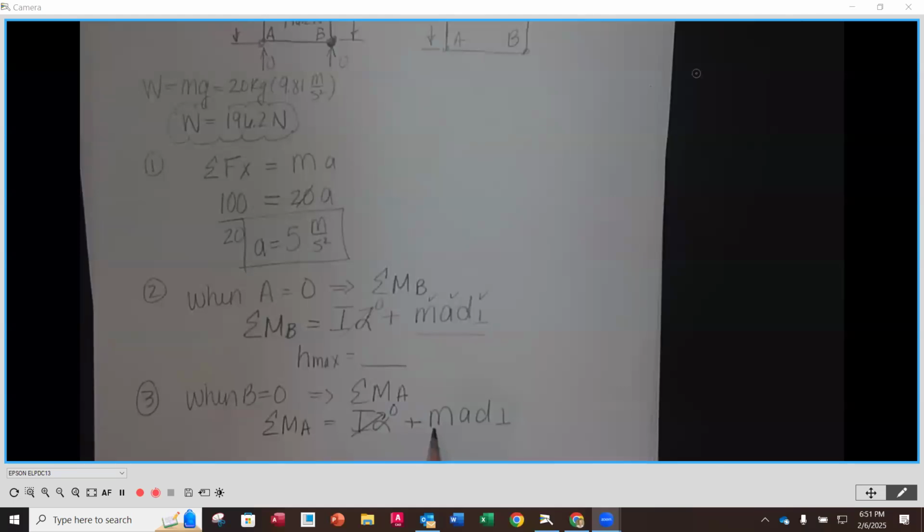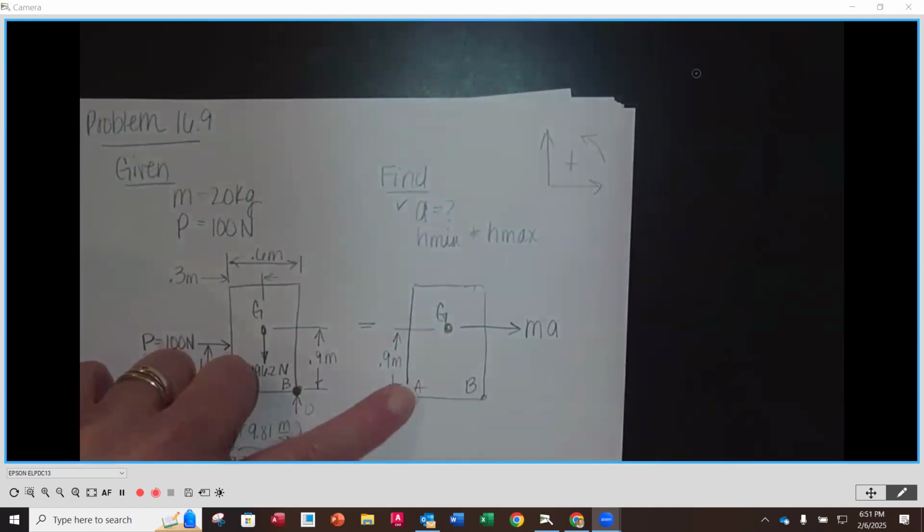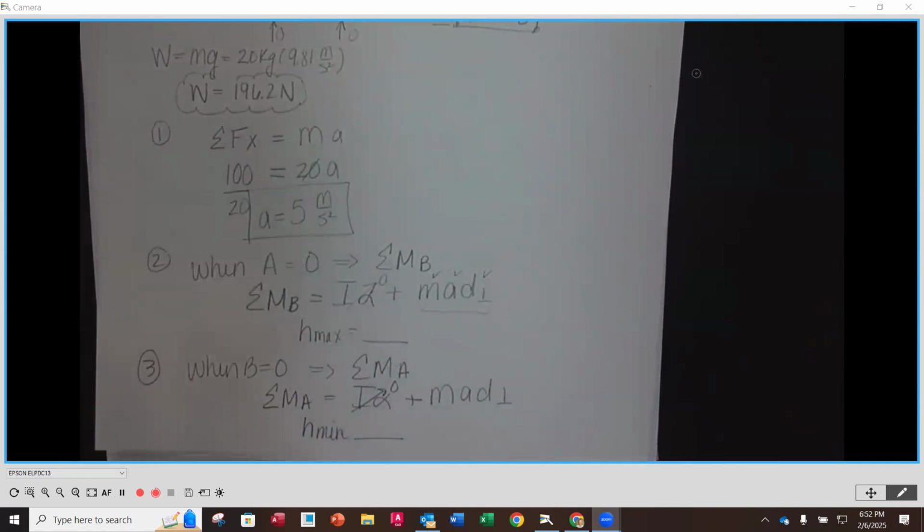You have your M, you know your mass, you know your acceleration, and it's the same perpendicular distance, but make sure you're still going in the same direction. You have to have a negative or a positive based on the rotation being created about point A as well. And then this is going to be your H minimum. That'll be the second part of that problem.